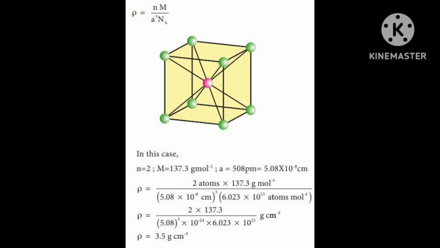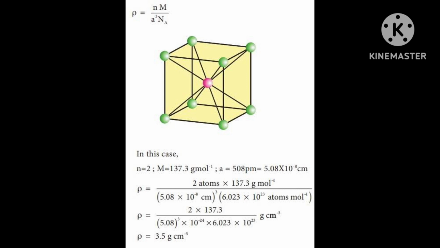In this BCC cubic cell, there are 2 atoms. Therefore, the total number of atoms in 208 gram, what you got, you multiply by 2, meaning 2 into 12.08 into 10 to the power 23.